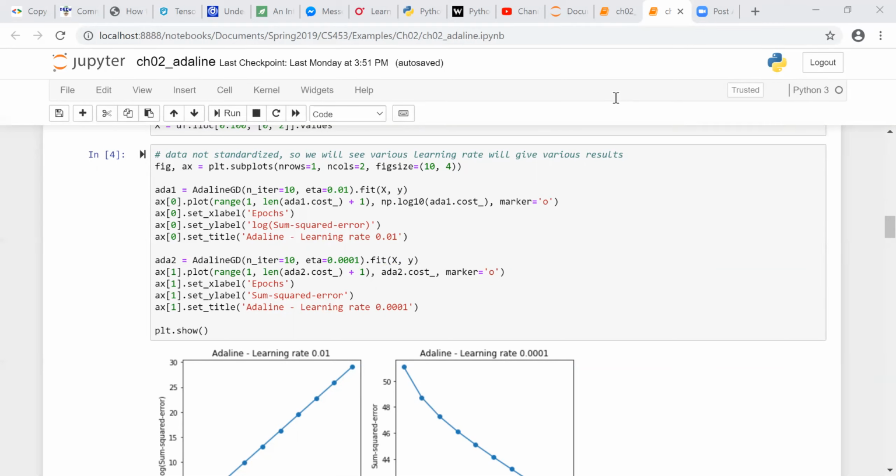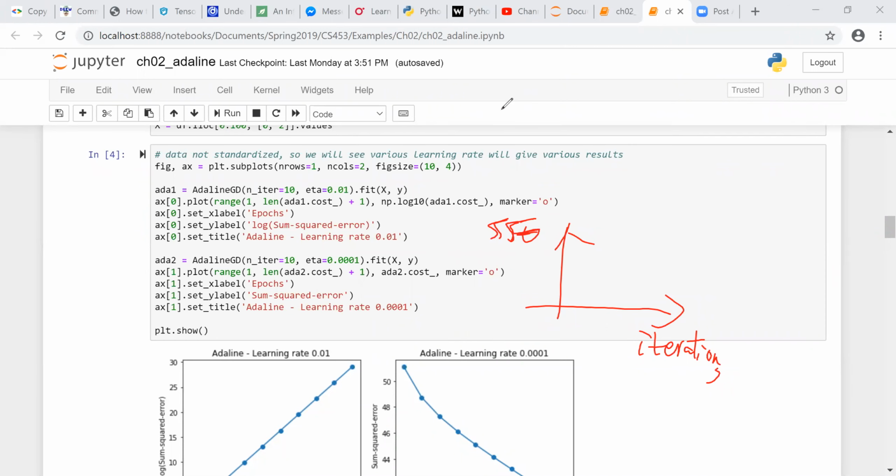And then over here, we do the plotting, okay? So what we plot is the iterations and the SSE, the sum of error, okay? The sum of error.